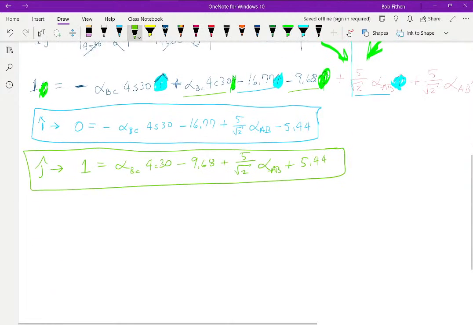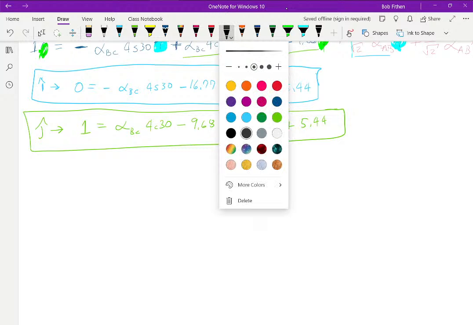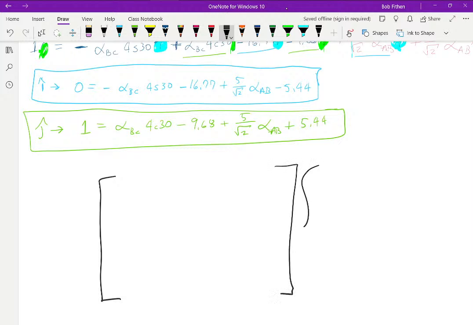Me, I like matrices because MATLAB likes matrices, and because MATLAB lives in matrices. So what I'm going to do is make a matrix. Here's my matrix. What are my unknowns?